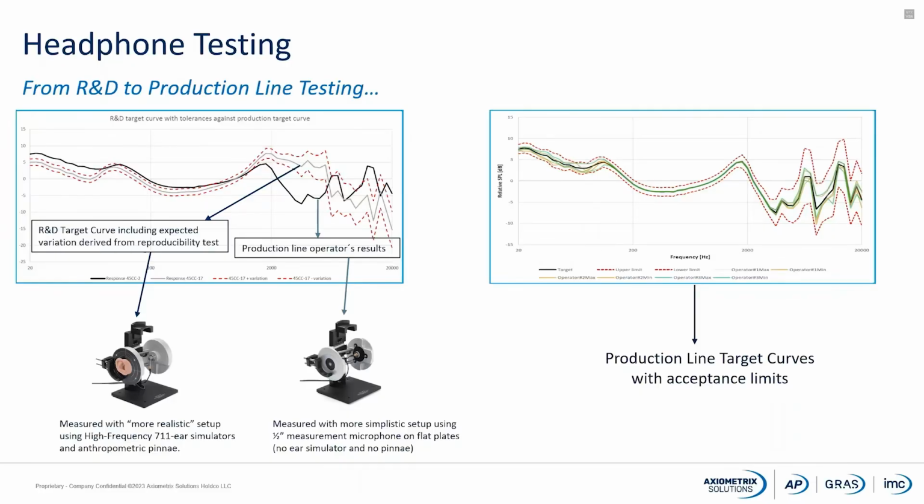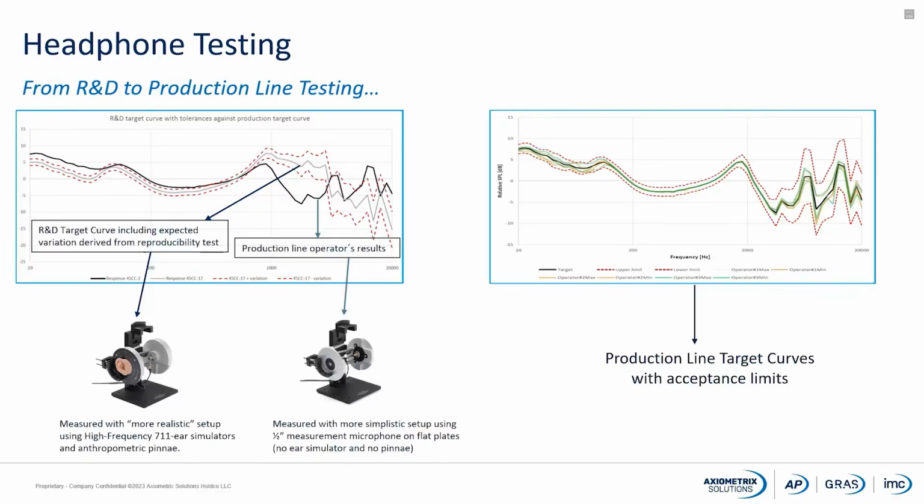After that, then we will actually do the same measurements, maybe with a flat plate, a cheaper solution, and then we will actually see that it will probably start falling off at higher frequency. And now we will actually use this as a target curve for our production. So the black curve will actually be the target curve for our production.